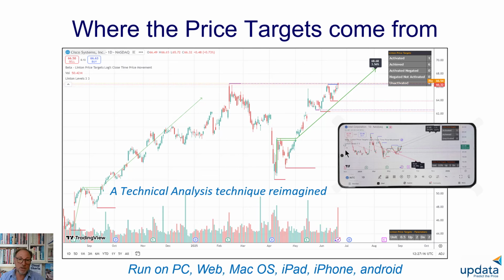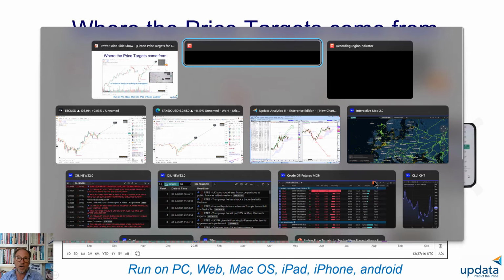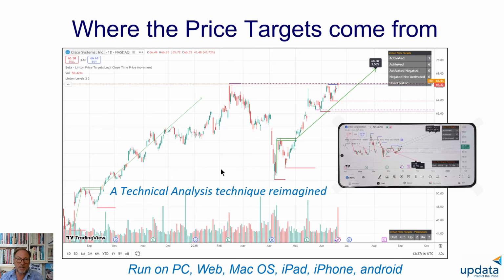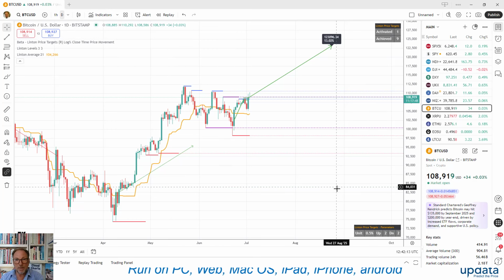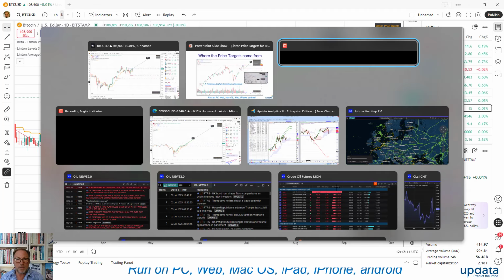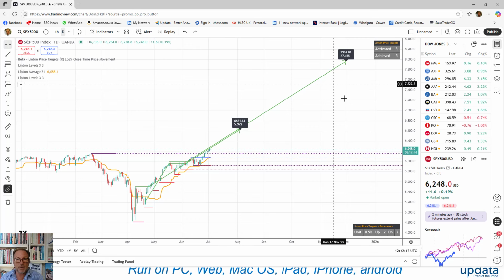And of course, the really big advantage of them being on TradingView is that you can have them on web, on the TradingView app, on Mac, on iPad, on iPhone, on your phone, and it's great to see these targets on the phone like that. And basically, I'm running the TradingView app here, and I can also run it, of course, in a website.